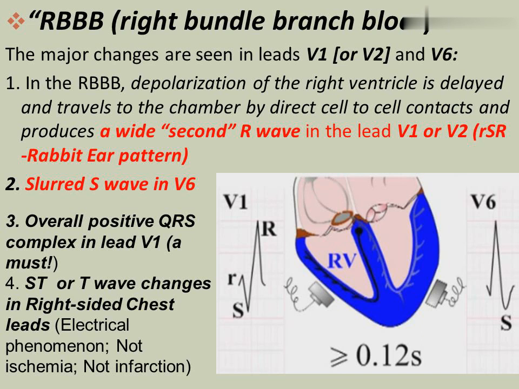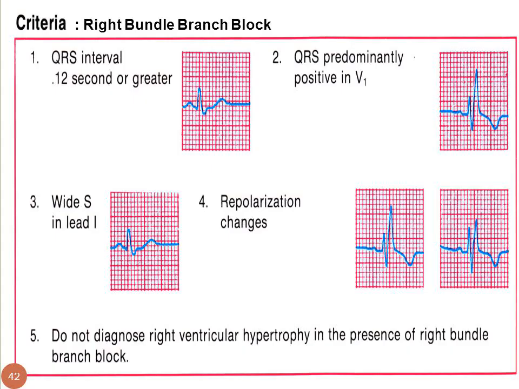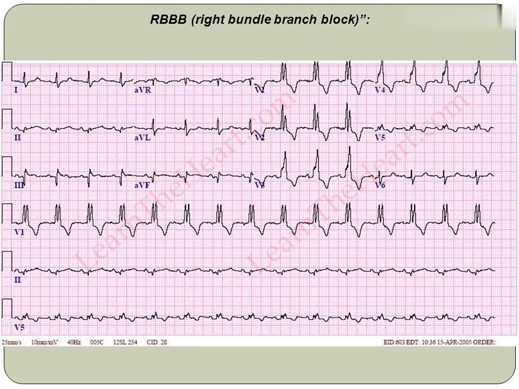Slurred S wave in V6. 3. Overall positive QRS complex in lead V1, a must. 4. ST or T wave changes in right-sided chest leads, an electrical phenomenon, not ischemia, not infarction. Right bundle branch block.